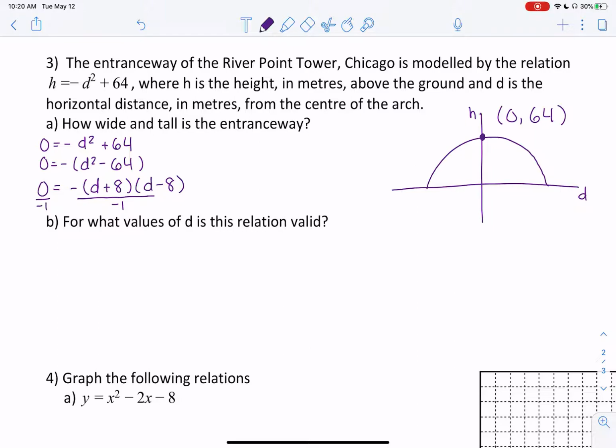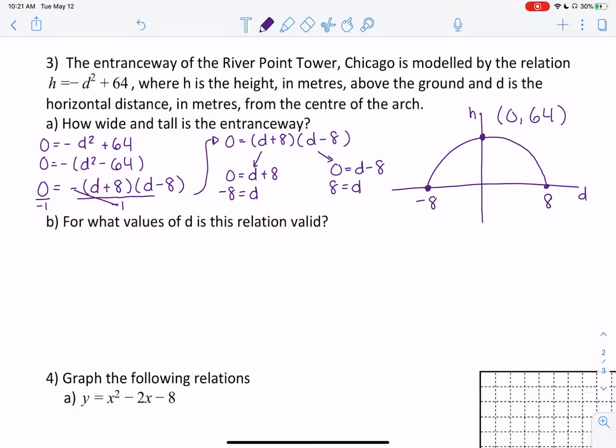So we'll divide both sides by negative 1. And we're left with 0 equals d plus 8, d minus 8. And now we just set both of those brackets equal to 0. So we know our zeros are here at negative 8 and here at positive 8.